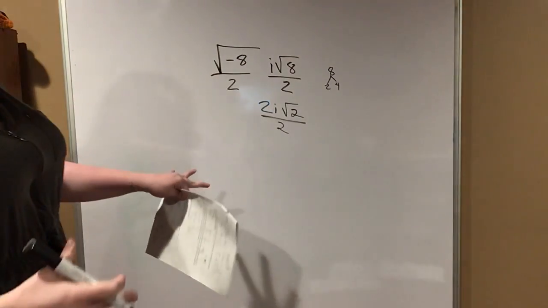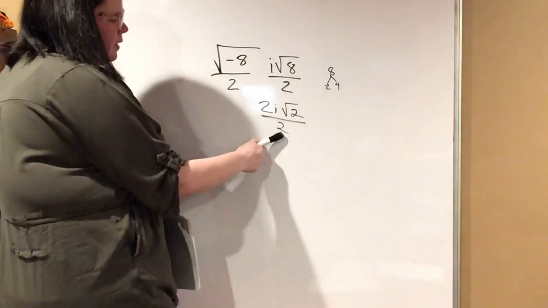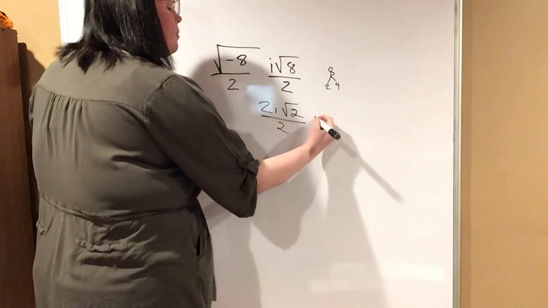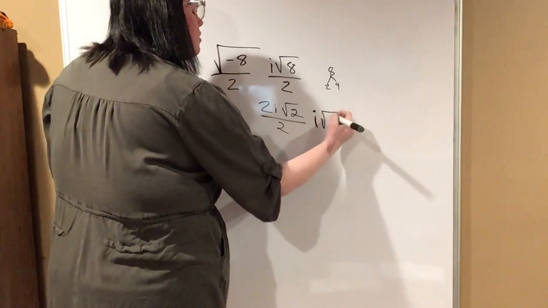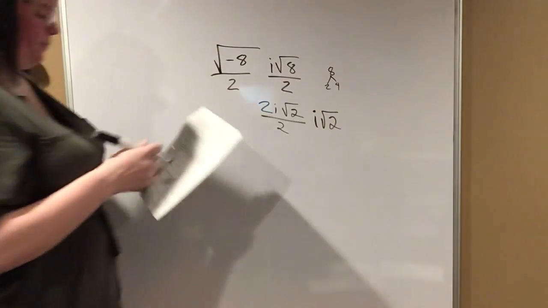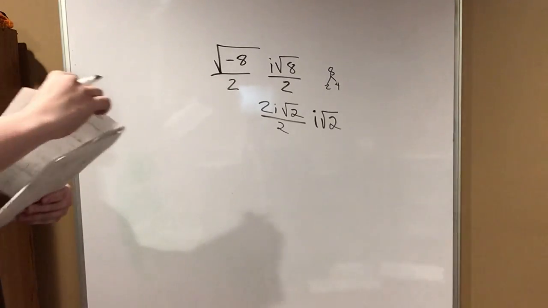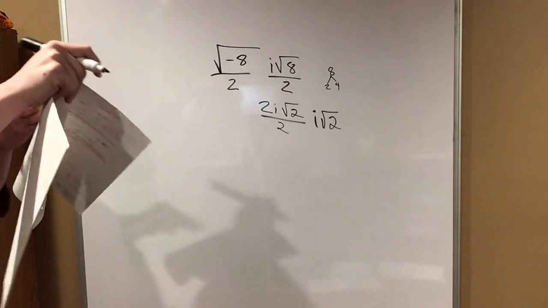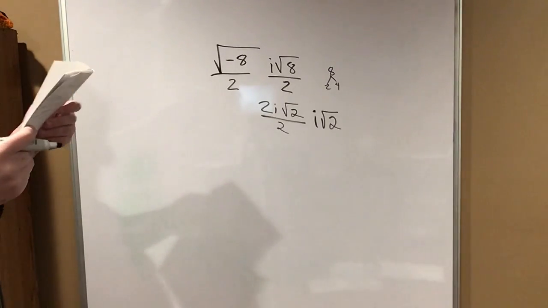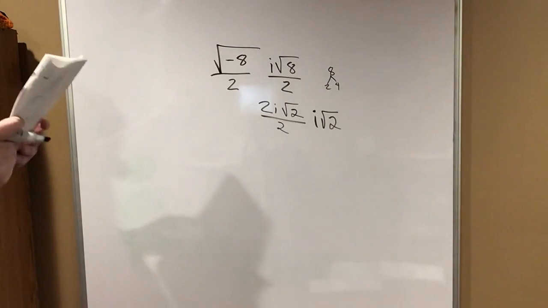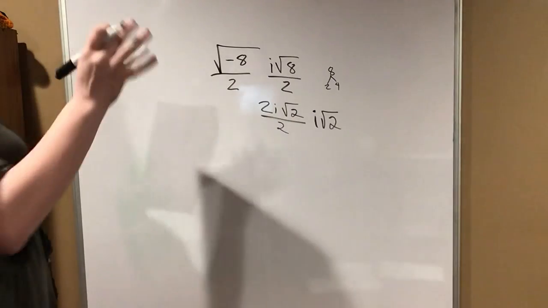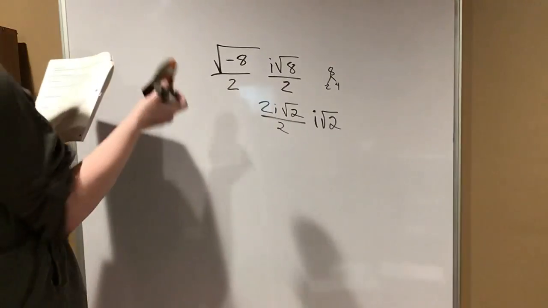Well, we can simplify this even more, because 2 divided by 2 is 1. So I'm actually left with i square root 2. This is how we're using complex numbers.